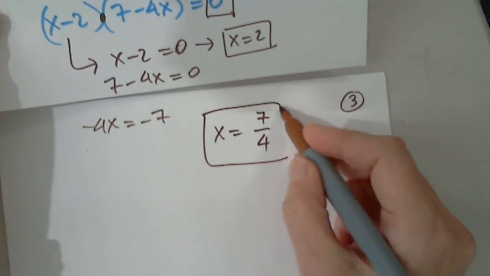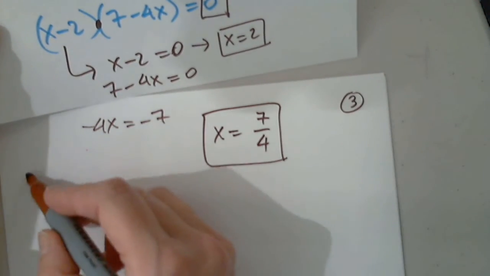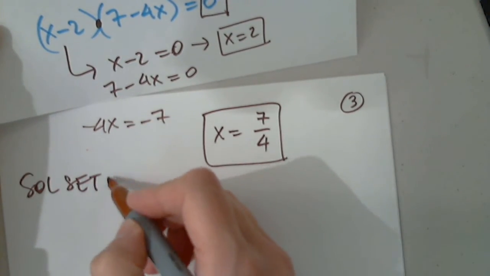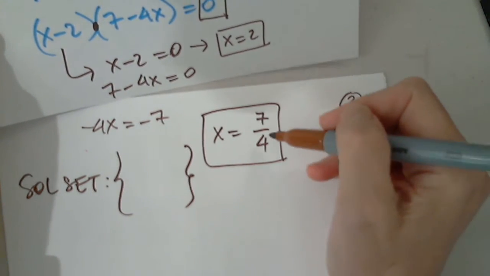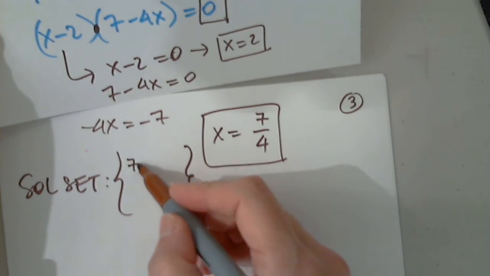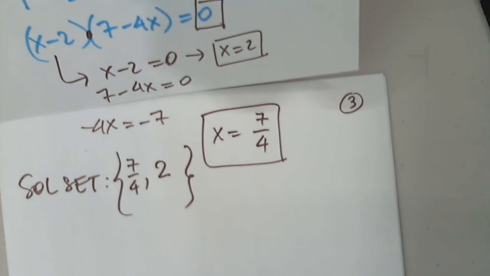And this is my second solution. You can box in the solution like that, or you can write a solution set, braces, in order. 7 over 4 is smaller in the ascending order, and 2 is bigger. I'm happy with this. I'm happy with this. It's up to you.